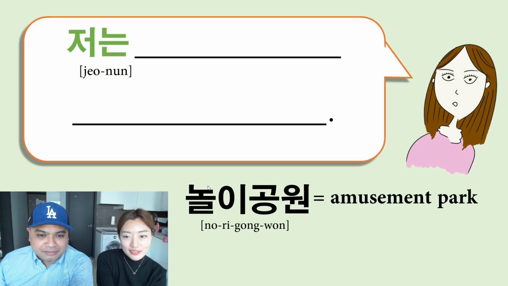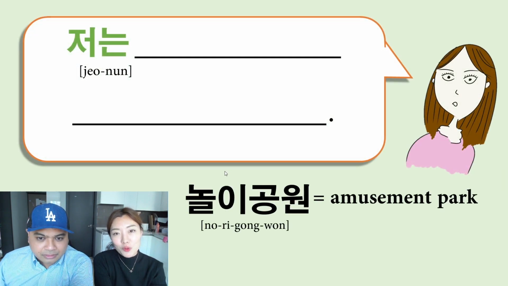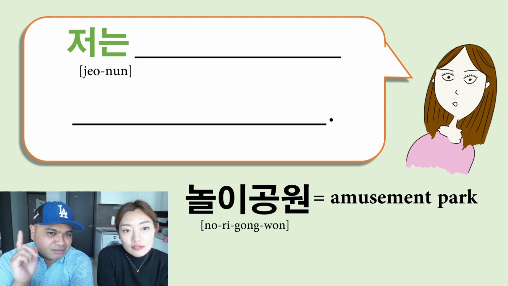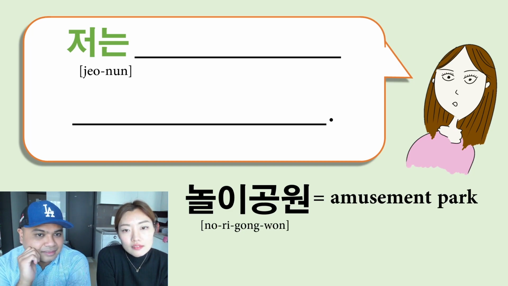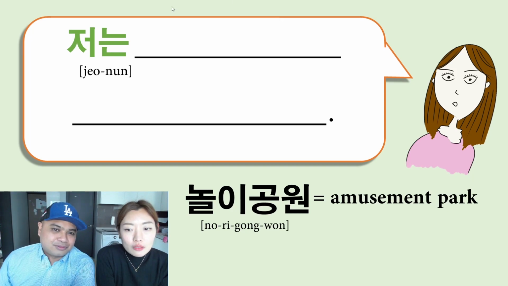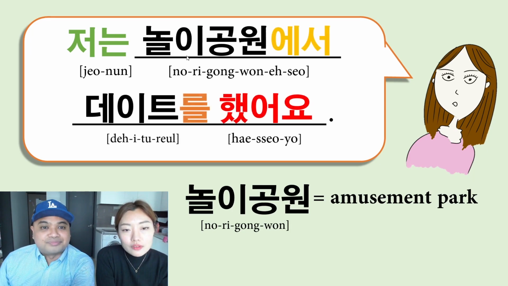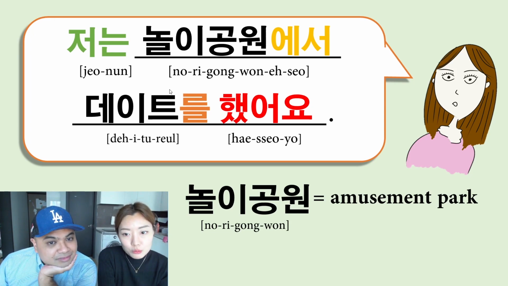And then let's see how Donna is going to respond. Right down here, we have 놀이공원, and that means amusement park. That's a good date, right? How do you say I had a date at the amusement park? First, you have to say the location. So 저는 놀이공원에서 데이트를 했어요. I had a date at the amusement park.